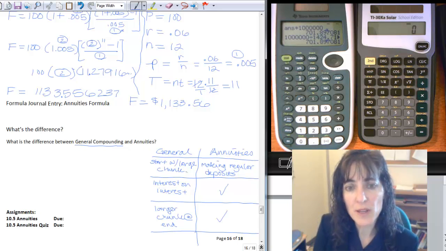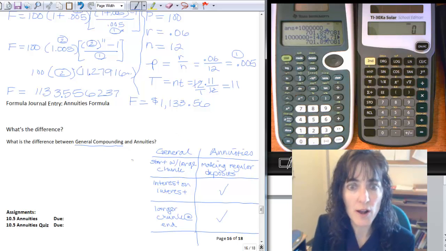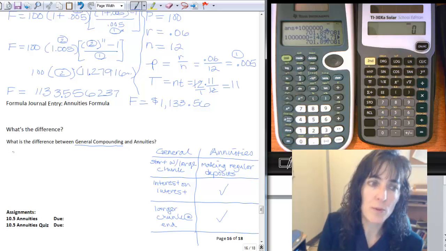So for these two, it looks like the big difference is how you start off with the money.